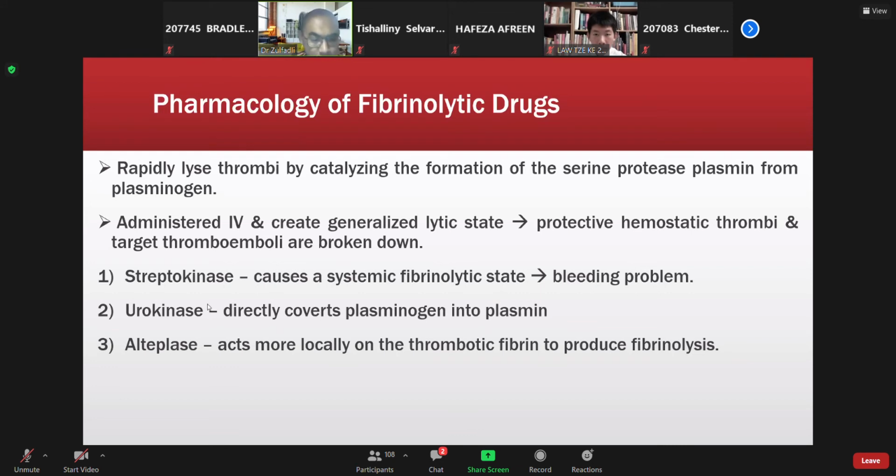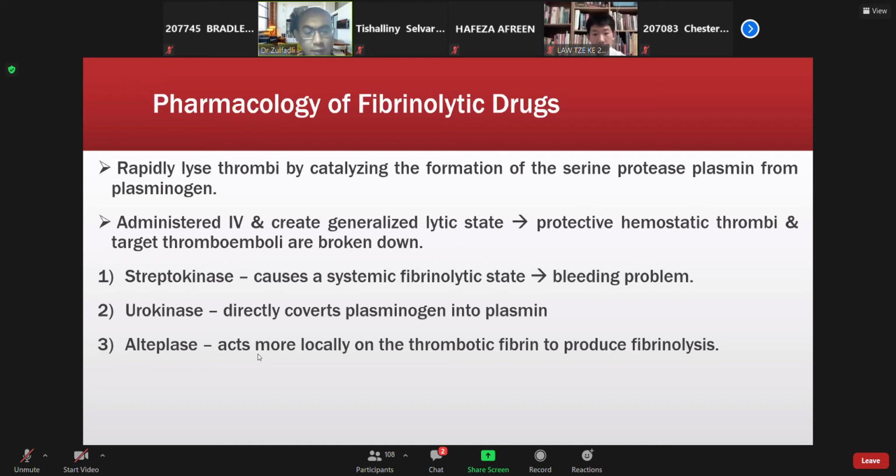Example: streptokinase causes a systemic fibrinolytic state, which will lead to bleeding problems. Urokinase and also alteplase. Urokinase directly converts plasminogen into plasmin.